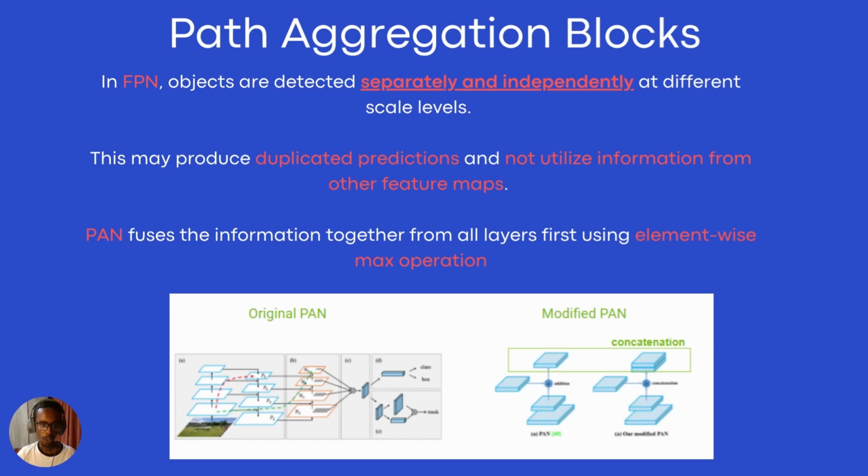So if we perform detections on the different layers independently, we're going to give some duplicated predictions because some of those predictions that we're making may be very close to each other, and they may not utilize the information from the other layers. But the path aggregation network fuses the information together from all of the layers by using the element-wise max operation.